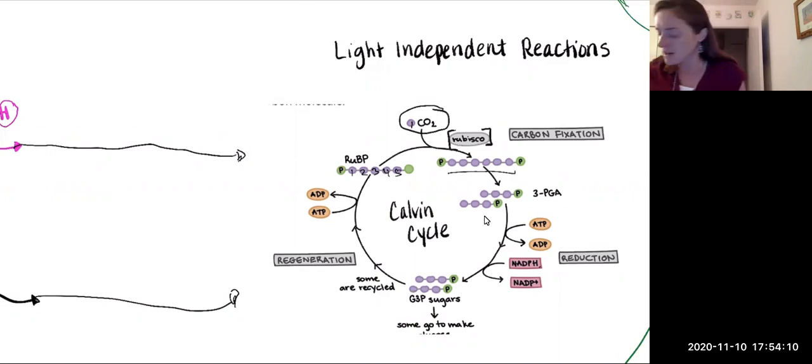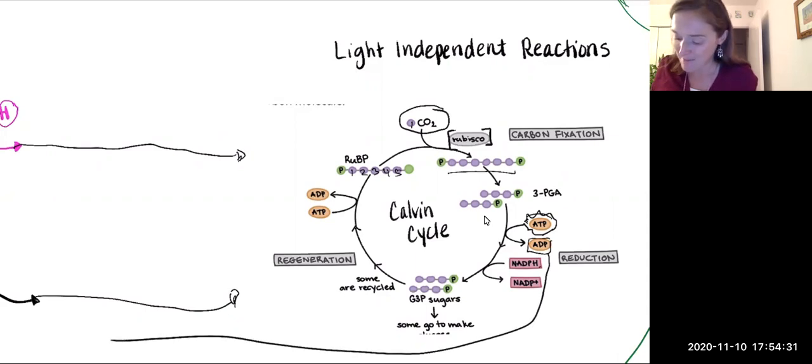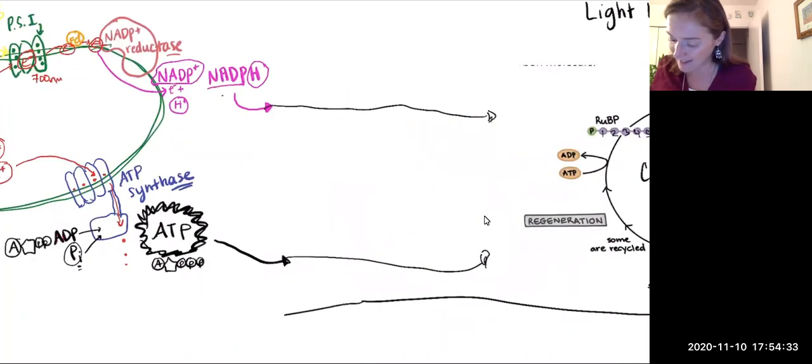Big picture, you need to know that this 6-carbon molecule then gets broken down into 2 3-carbon molecules, and that takes, here's the ATP energy. Once that's phosphorylated, it's lost its phosphate group and it goes back to being ADP. So where does this ADP go? If you're saying back over here, you're exactly right.